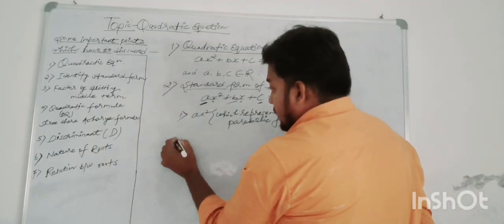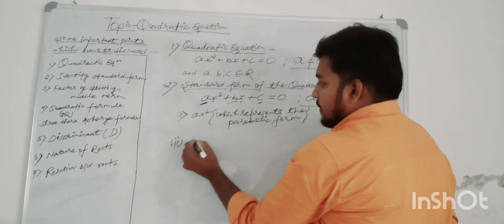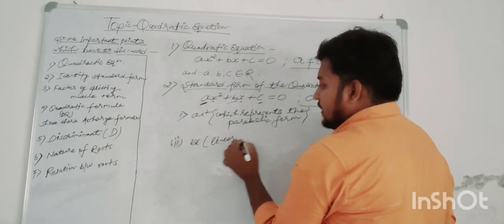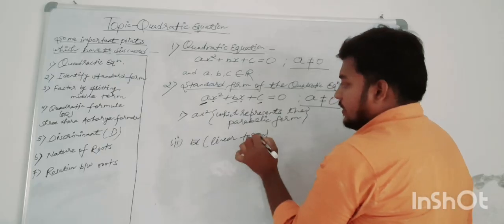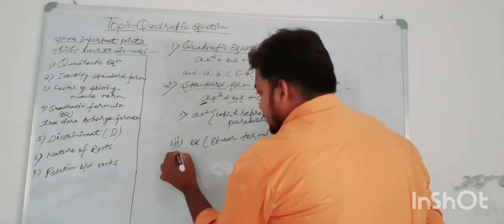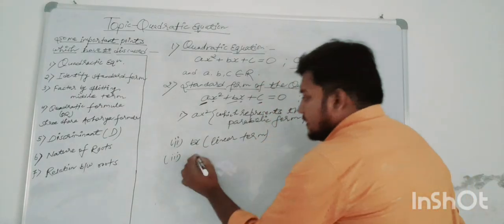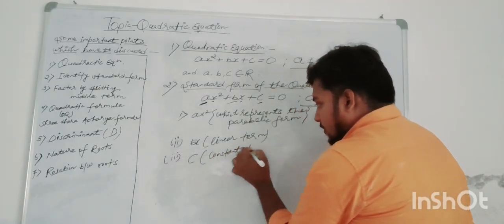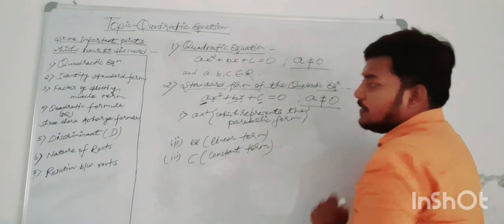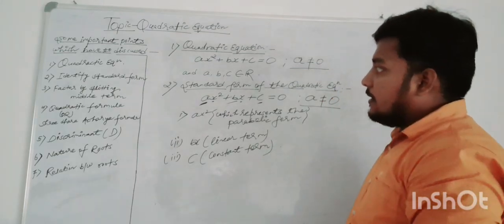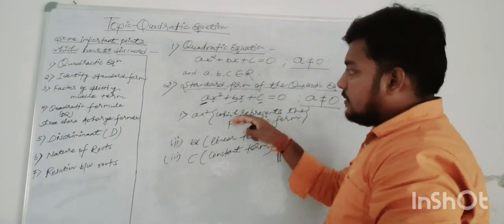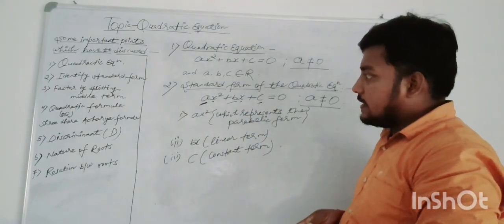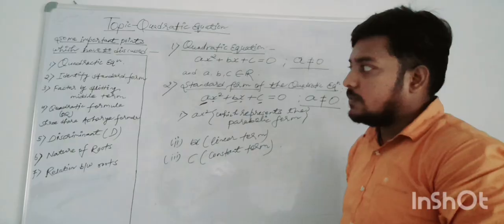Second term of the quadratic equation is bx, which is linear term, and third term is c, which is constant term of the quadratic equation. So it is the standard form of the quadratic equation ax square plus bx plus c is equal to 0.